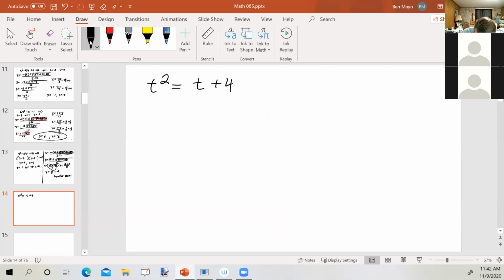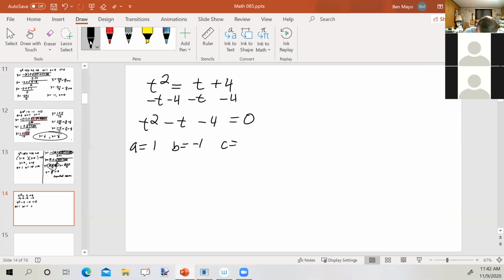Okay, we're going to subtract t from both sides, and we're going to subtract 4. So we get t squared minus t minus 4 equals 0. So now our quadratic or second degree equation is in standard form. A is 1, B is -1, C is -4.